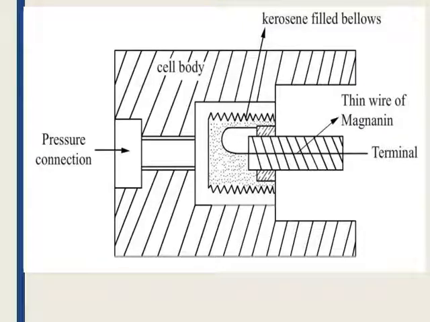So the change in the resistance of the manganese wire causes the change in the EMF generated across the cell body and the terminal which is connected to the wire, and that change in the voltage is calibrated in terms of the pressure. That way we can measure the pressure applied or exerted with the help of the Bridgman gauges.